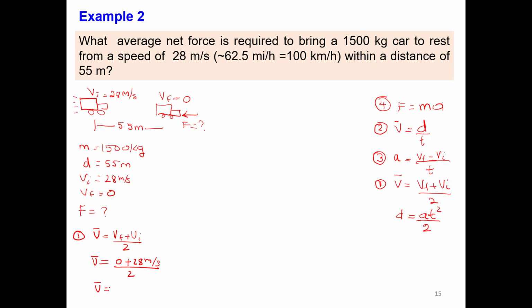And the average velocity is 14 meters per second. Then we're done with the first. Now we can calculate the time, yes, because this is why we are doing all these steps, because we need to calculate the time. And now let's calculate the time.